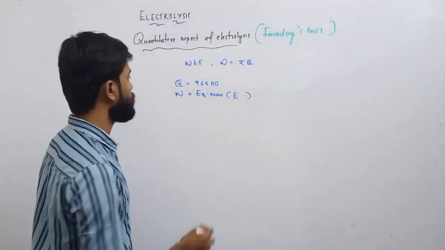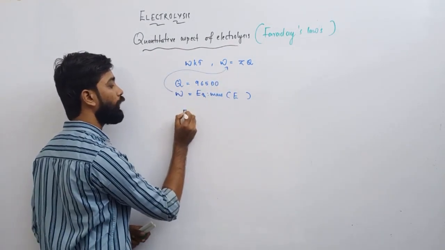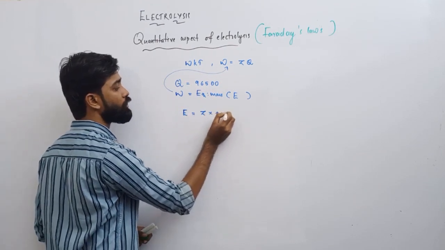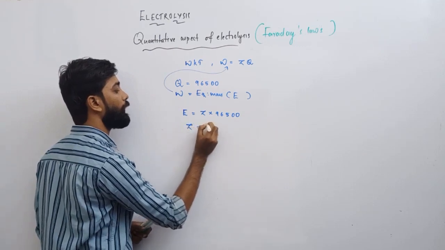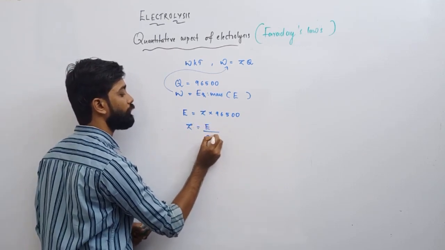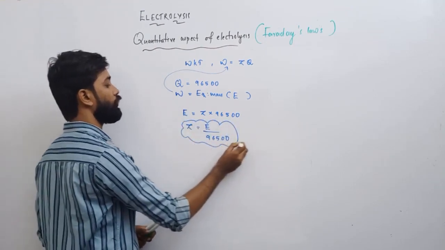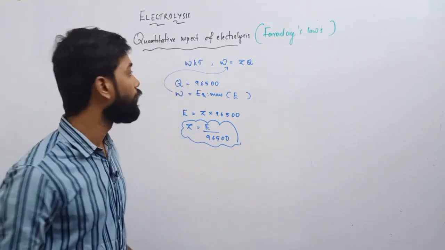So simply substitute this idea here. Weight will be E, for the charge 96500. So we obtain an expression for Z: Z of any substance is equal to its equivalent mass divided by 96500.